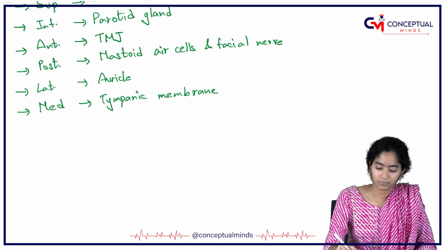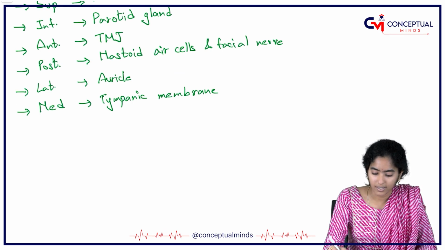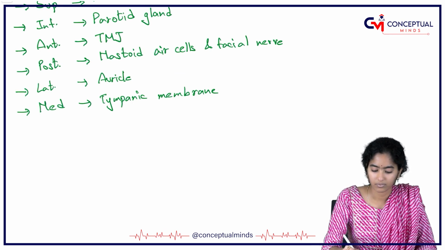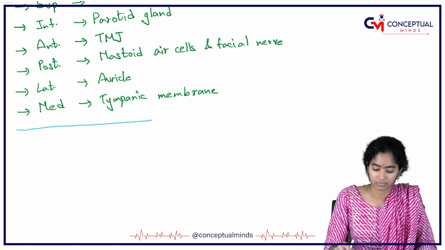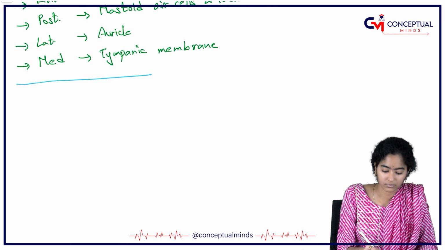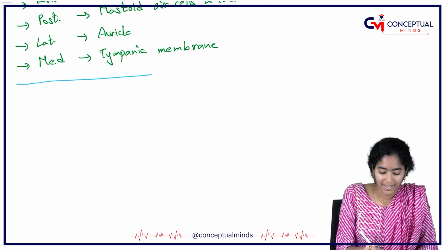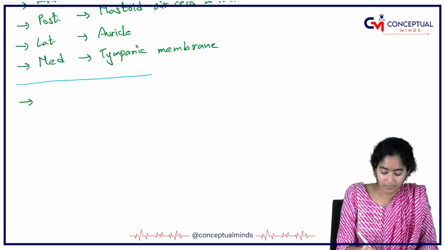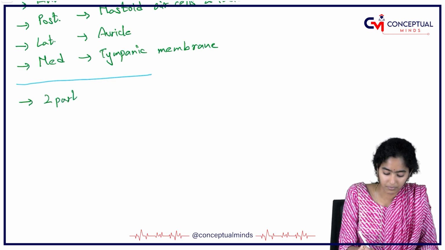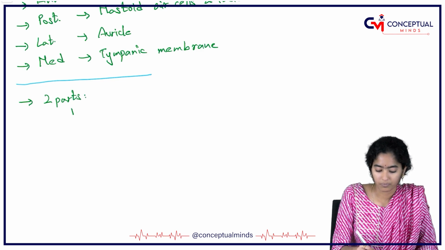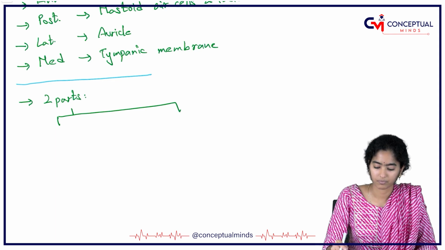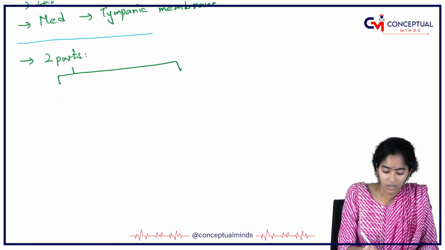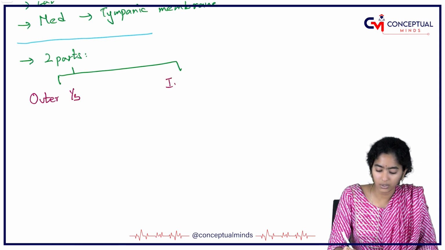Now, going further, let us study about the parts of the external auditory canal. It is divided into two parts: outer 1/3 and inner 2/3.